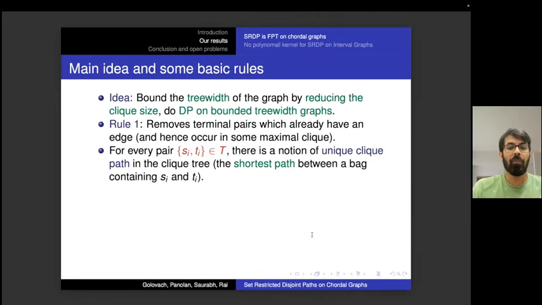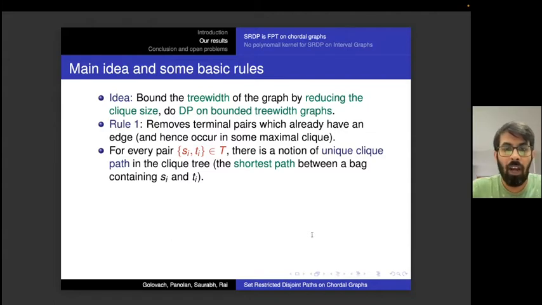Now for every remaining pair s_i, t_i, there is no edge between them, so there is no maximal clique of the graph G which contains both of them. So the bags in which s_i and t_i occur are disjoint.